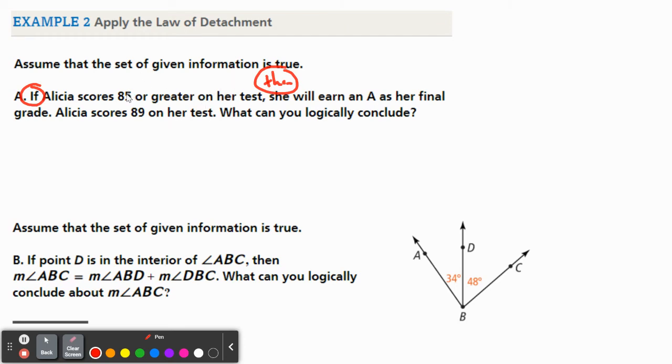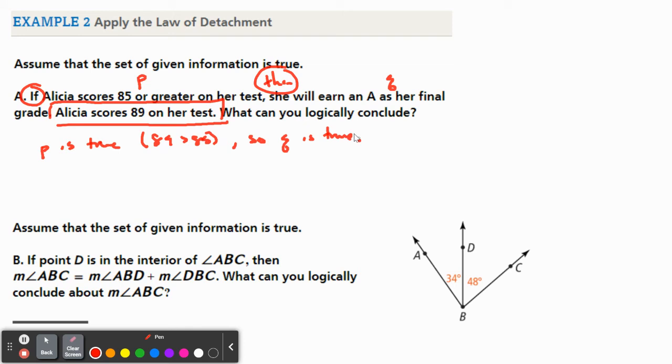So this conditional is true. The hypothesis is the idea of getting 85 or greater. The conclusion is getting an A in her final grade. And then we have this second statement right here. This second statement says the hypothesis is true. She scored an 89, so we know that P is true because she got an 89, which is greater than an 85. So therefore, Q is also going to be true.